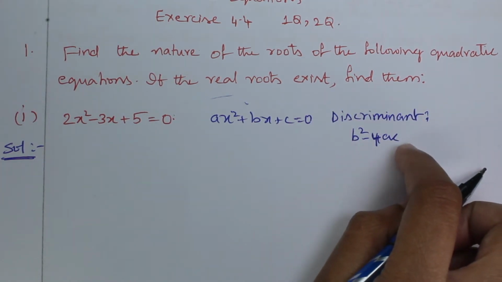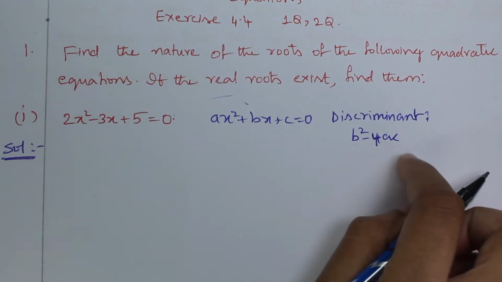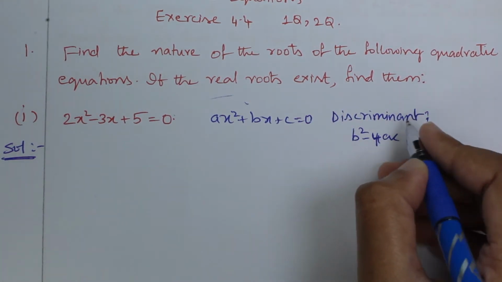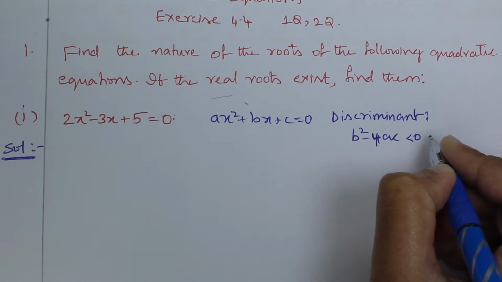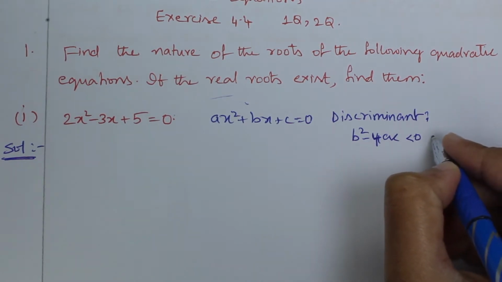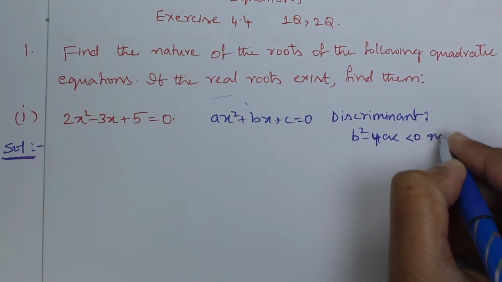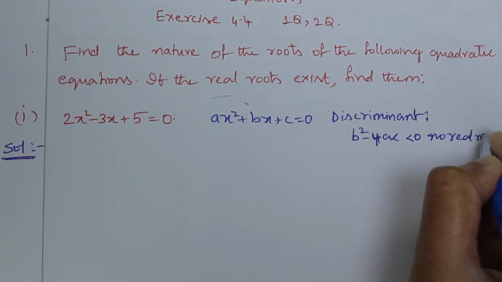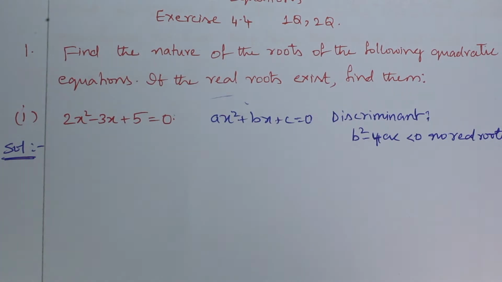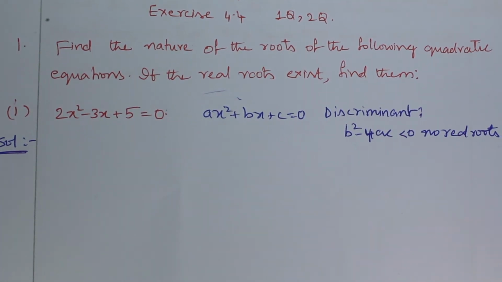If b square minus 4ac is less than 0, then there are no real roots.